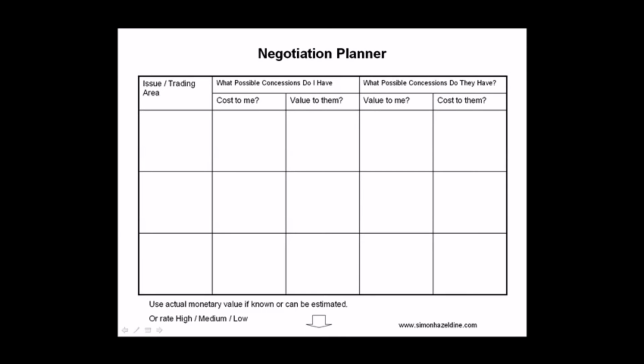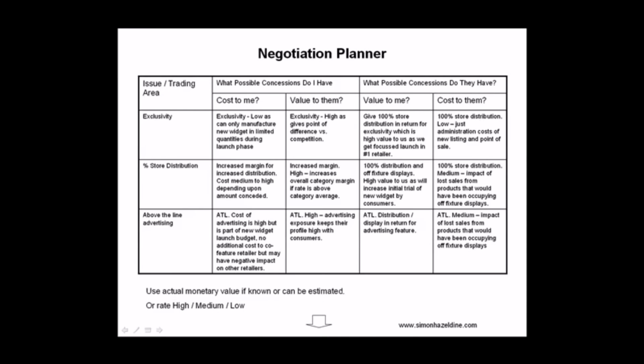Or if that's not possible, and just to keep it simple for the example here, I've just rated them as high, medium and low. So here's a few examples. There's only 3 here. Obviously there could be lots more of these when you're planning for real.